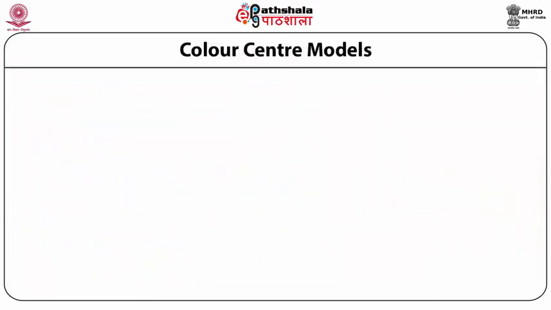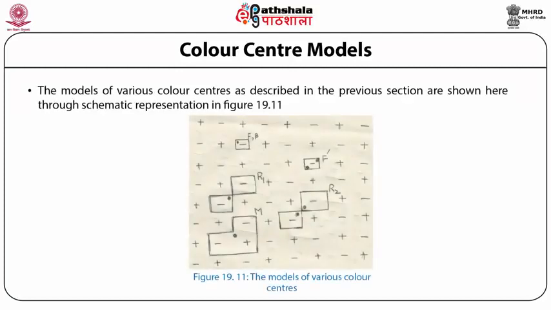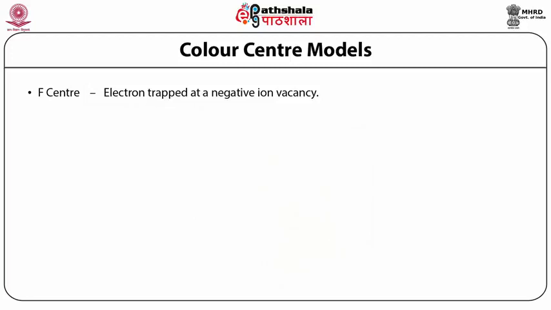Color center models. The models of various color centers as described in the previous section are shown here through schematic representation in figure 19.11. F center is an electron trapped at a negative ion vacancy.